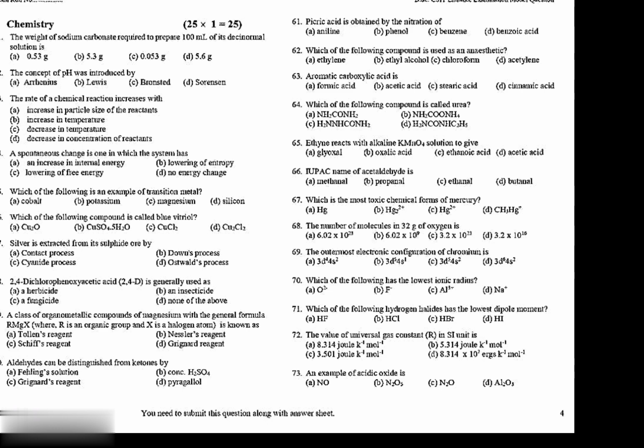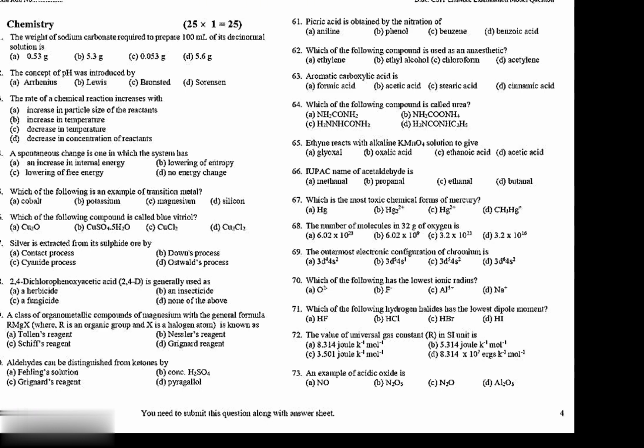IUPAC name of acetaldehyde is: A, methanol; B, propanol; C, ethanol; D, butanol. 67. Which is the most toxic chemical form of mercury? A, Hg; B, Hg2 2+; C, Hg2+; D, CH3Hg+.